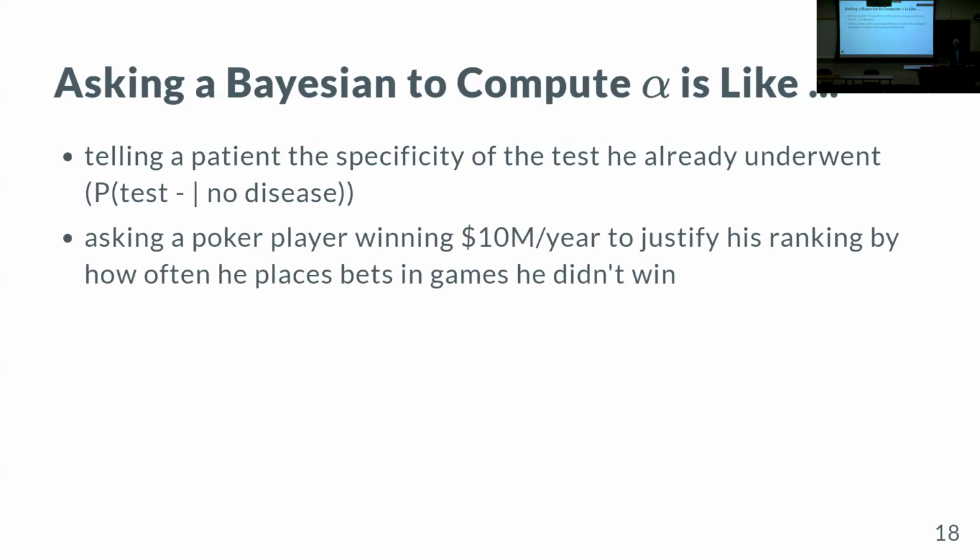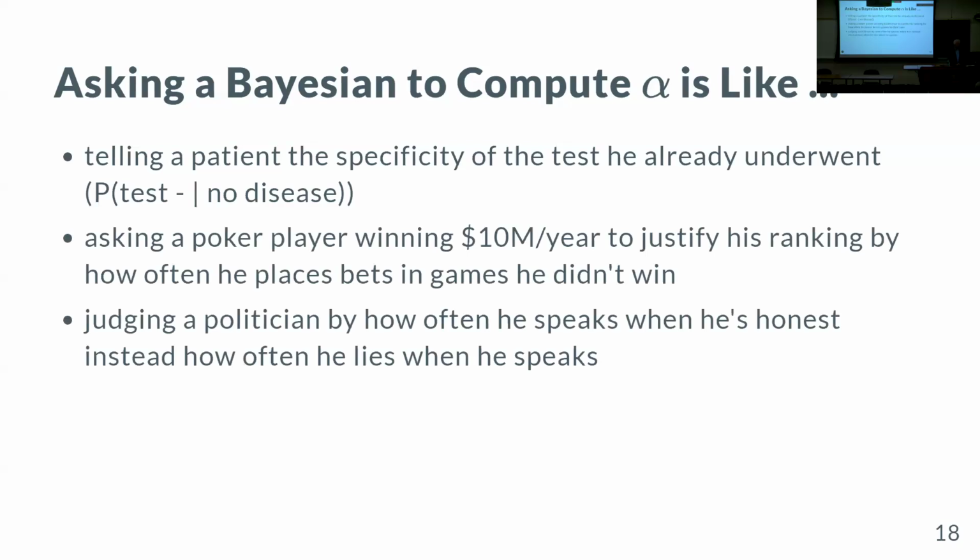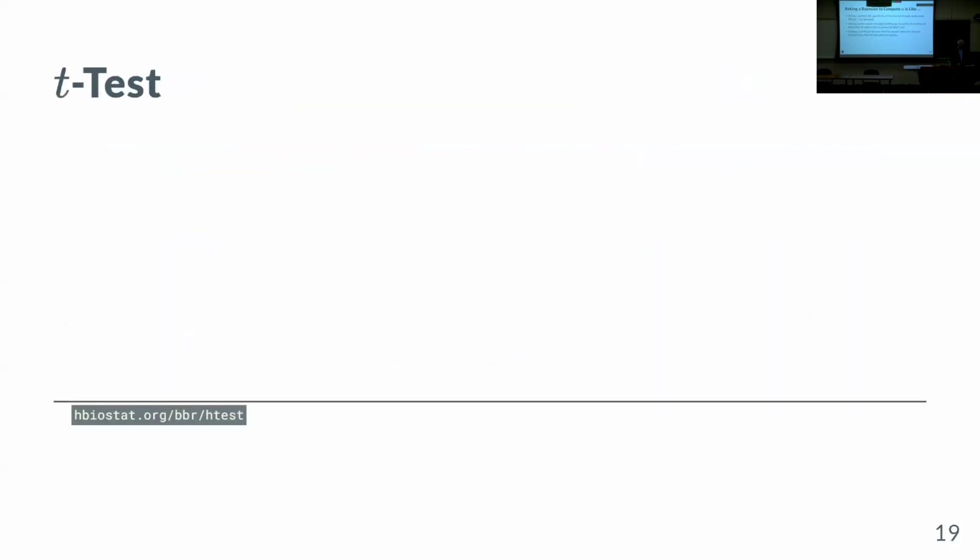That's the alpha equivalent of judging the poker player. It's like judging a politician by how often he speaks when he's honest instead of how often he lies when he speaks. Most people would say the latter is the more relevant quantity in judging the politician. So that's the Bayesian probability.